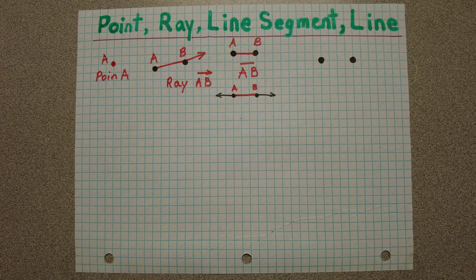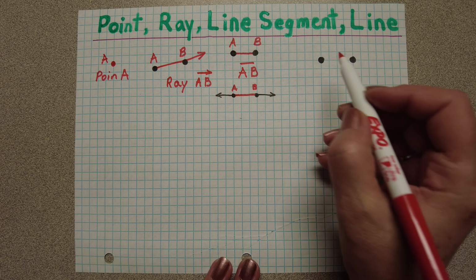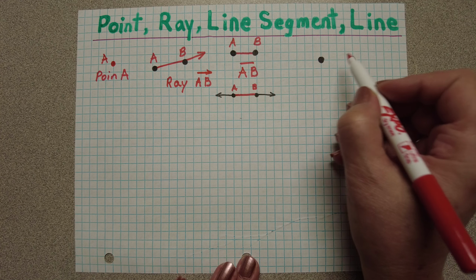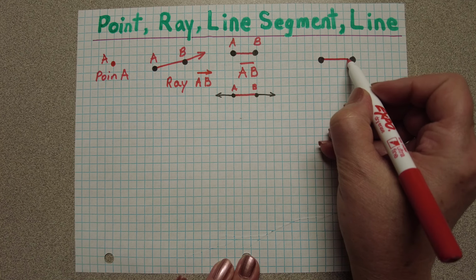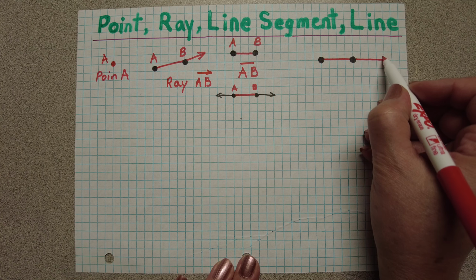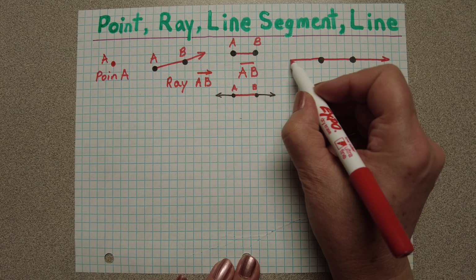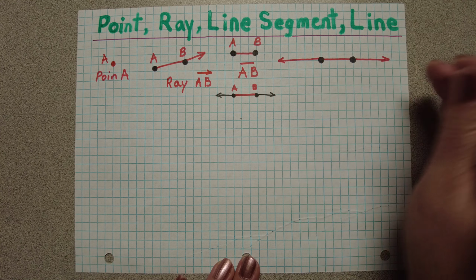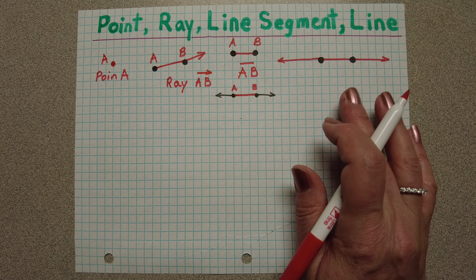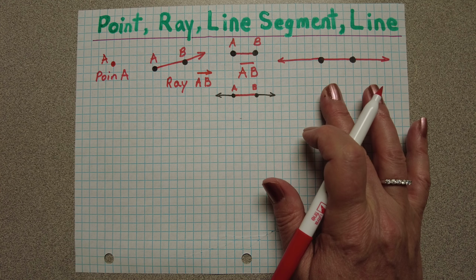Now we're going to talk about the line. A line is a straight path of points that has no beginning or ending. Any 2 points can make a line, and it can go both directions infinity. There are different types of lines.